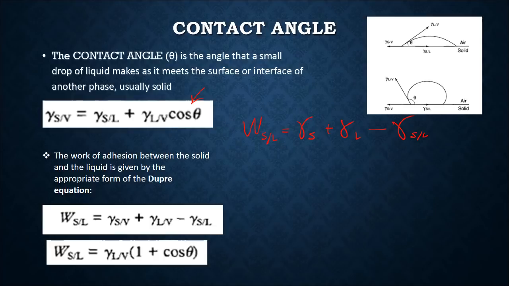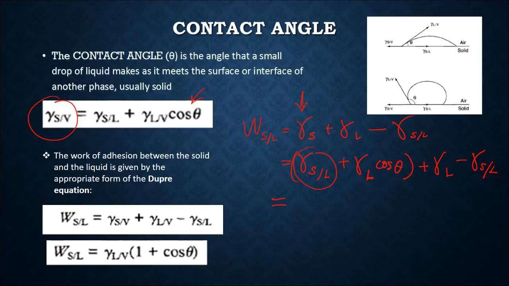If you replace the surface tension of the solid using the Young-Dupré equation, you will have the interfacial tension of solid-liquid, plus the surface tension of the liquid, which is the liquid-vapor tension, times cos theta, plus the surface tension of the liquid, minus the interfacial tension of solid-liquid.